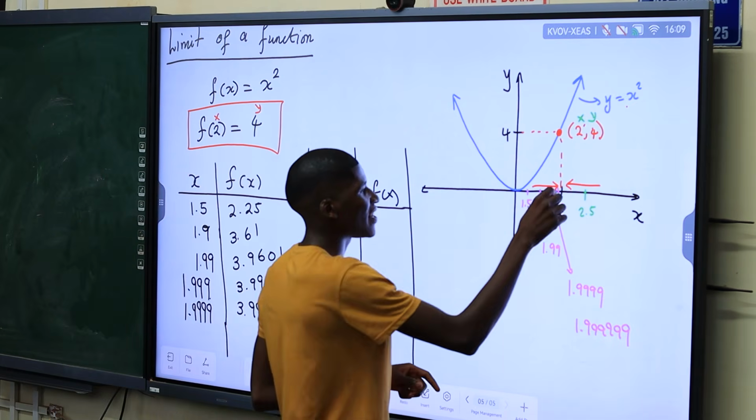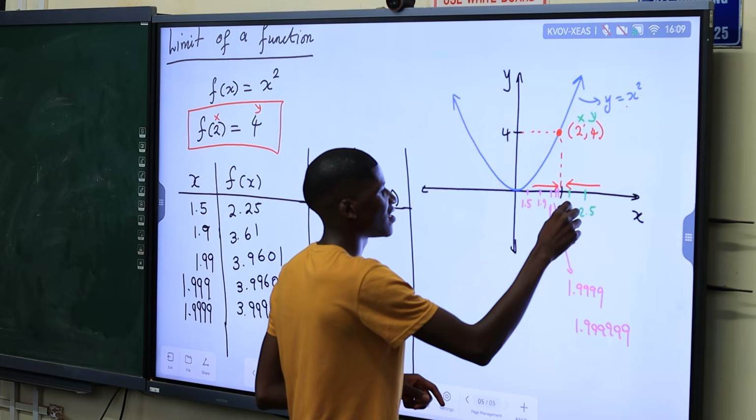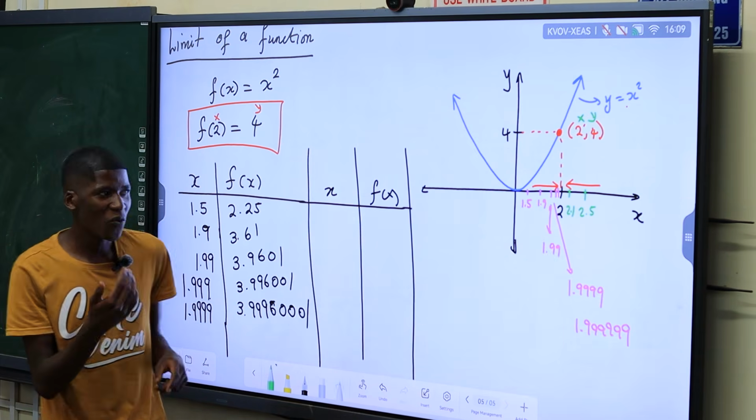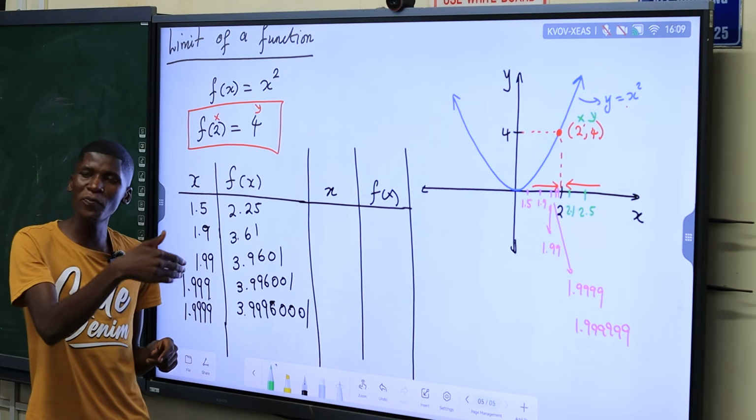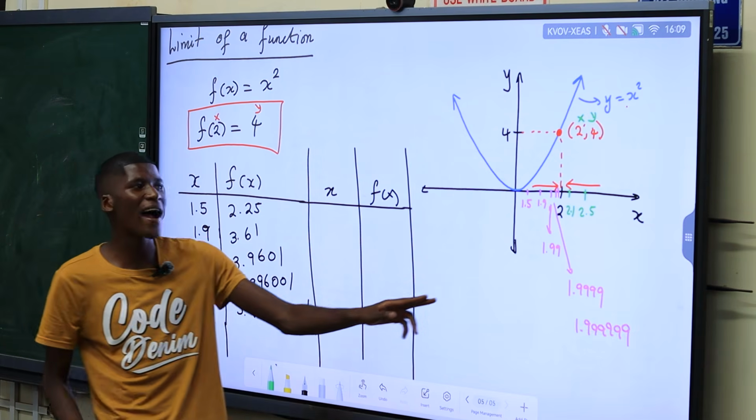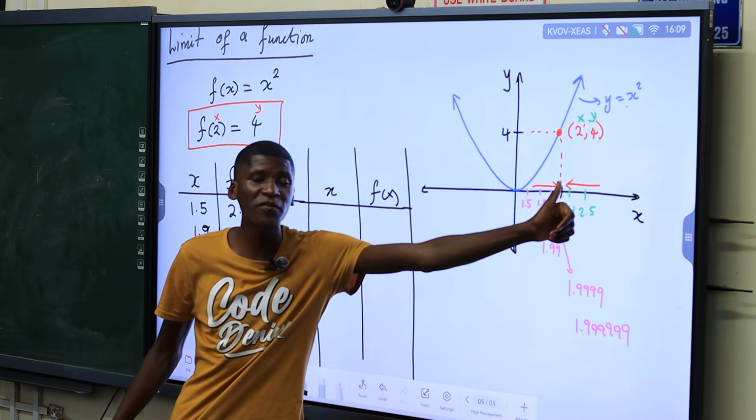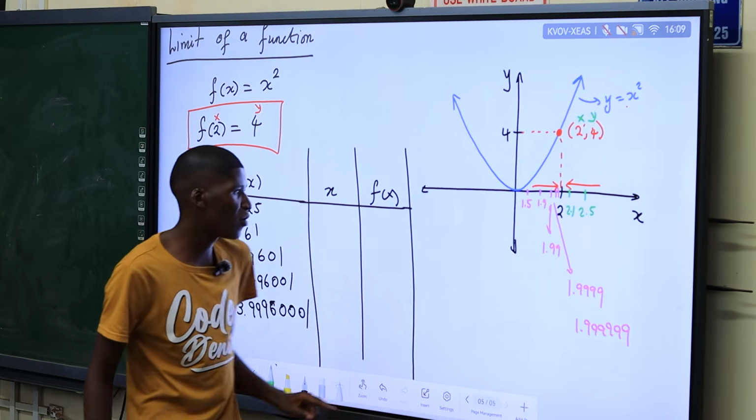Hey, 2.1 there. Can I use 2.1? Yes, 2.1, 2.11. I want to get closer to 2, but I'm approaching from the what? From the right.